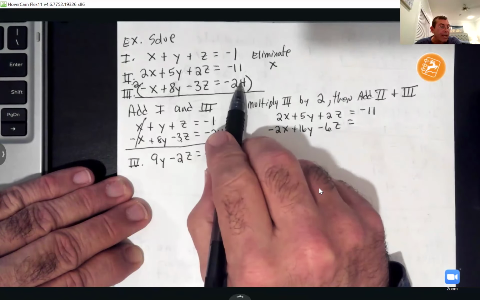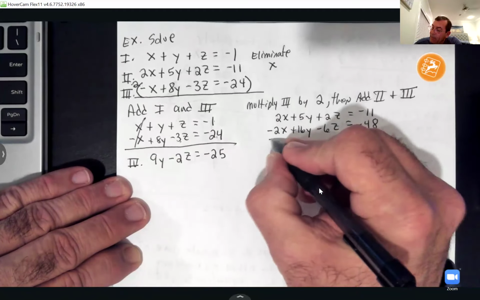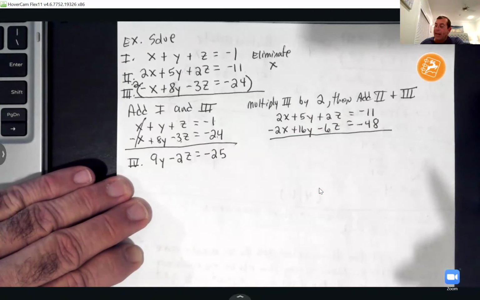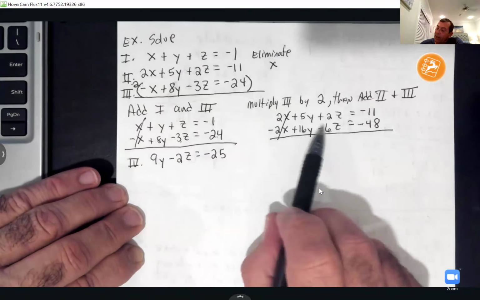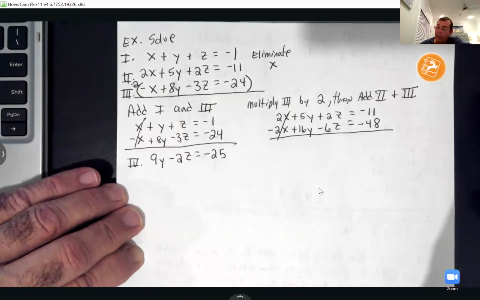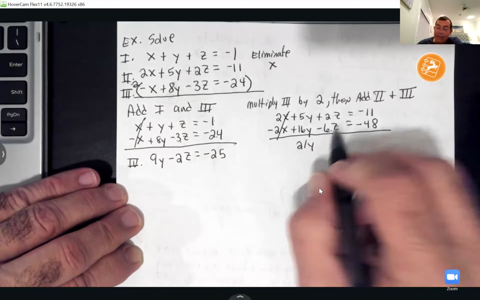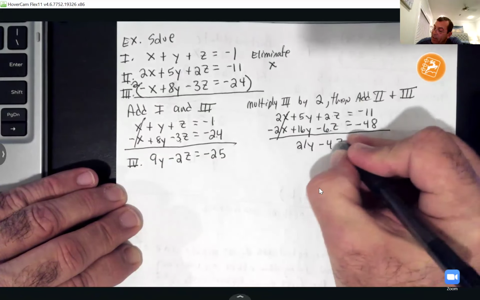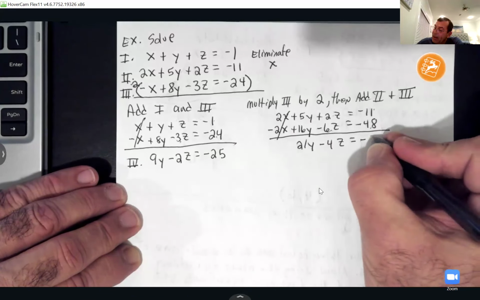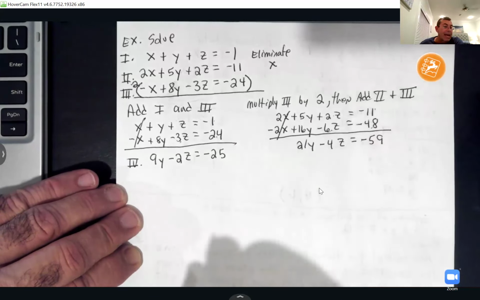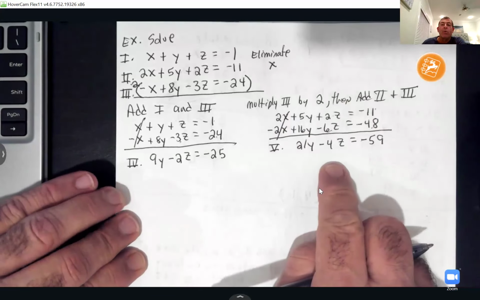And then 2 times -24 is a -48. But y'all, what I needed to happen happened. The x's are gone. So then 5 and 16 is what, 21y. 2 and -6 give me -4z. -11 and -48 give me -59. So technically this is our fifth equation.